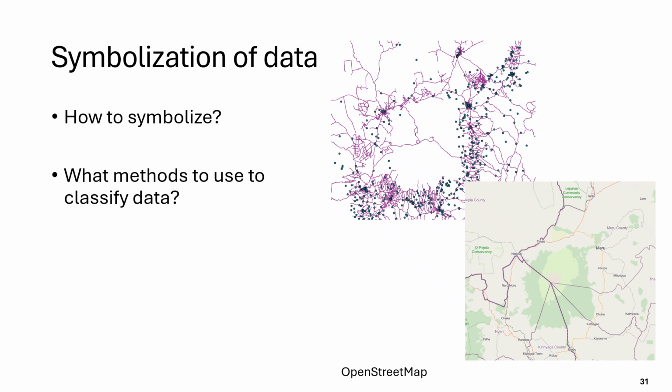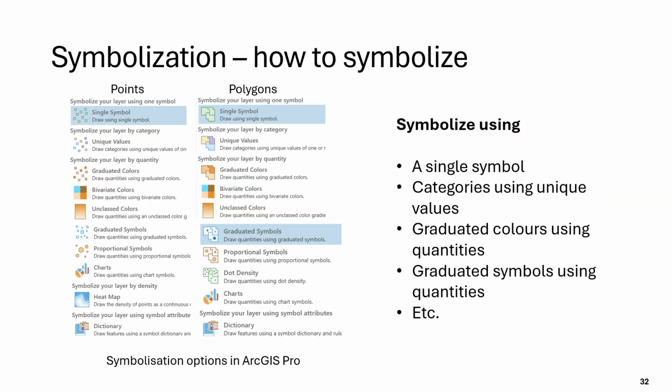But how to symbolize and what methods to use to classify data is a little bit more complex. Here are some examples of different types of ways that symbolization is used. For single symbols, we can categorize information, we can use graduated colors.